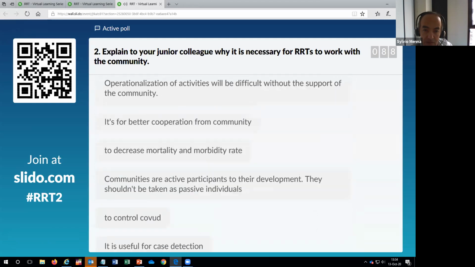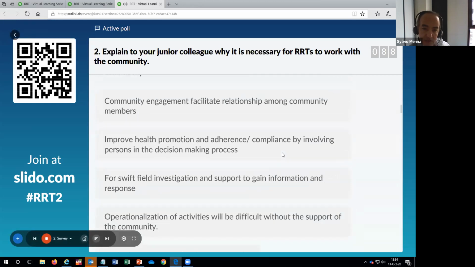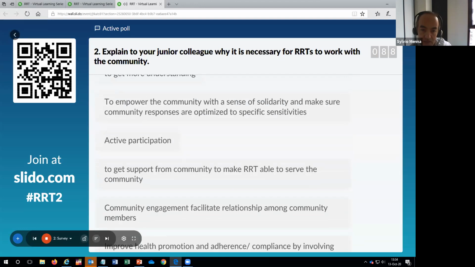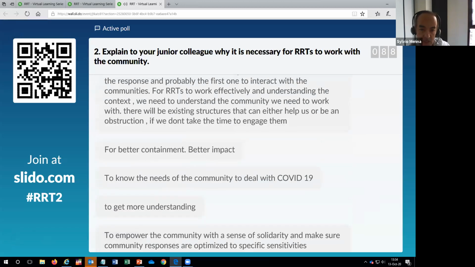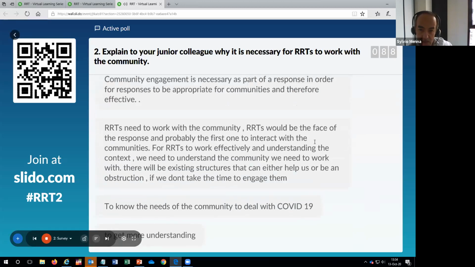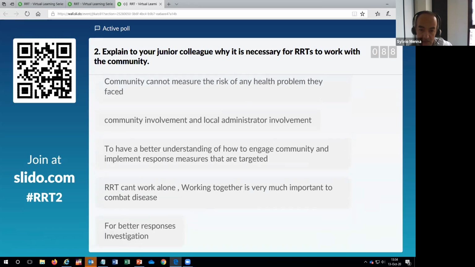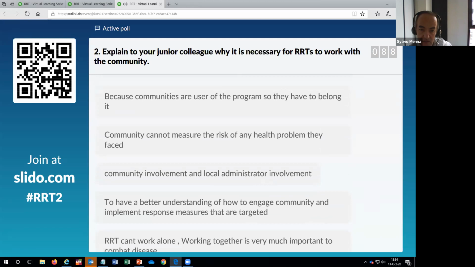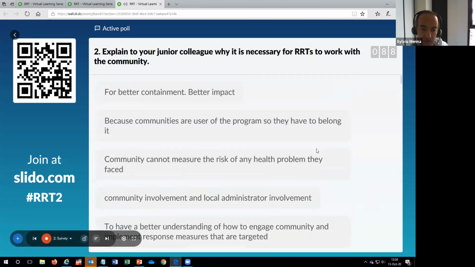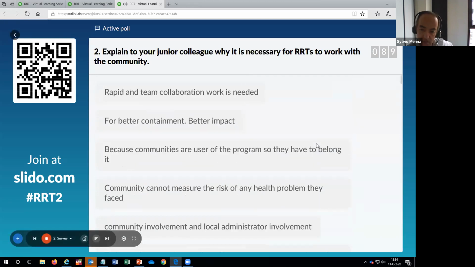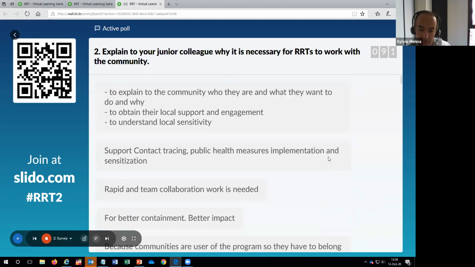Decrease mortality and morbidity rate. To get support from community to make RRT able to serve the community. Community cannot measure the risk of any health problem they faced. Okay, next.